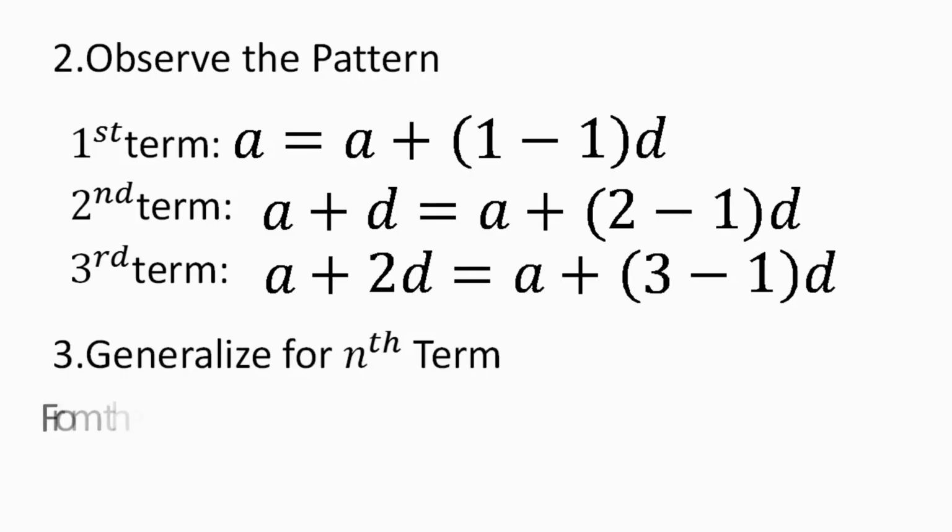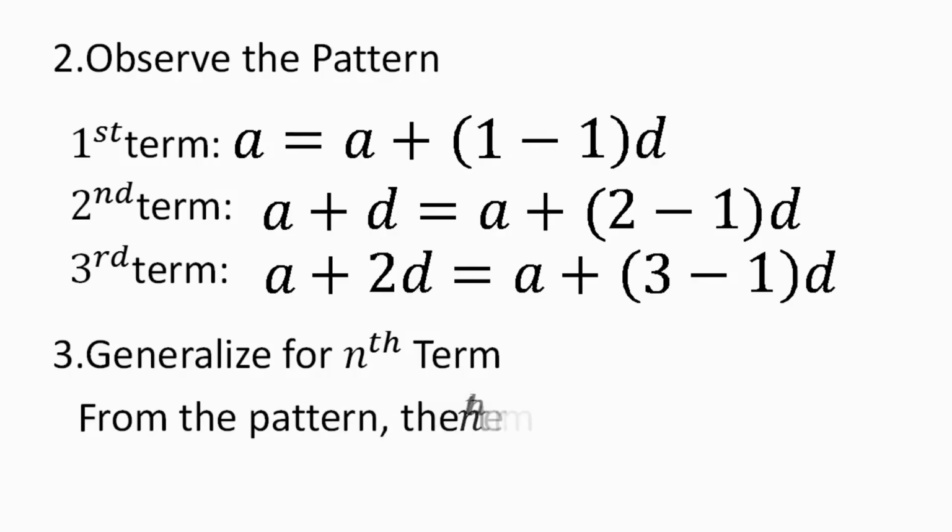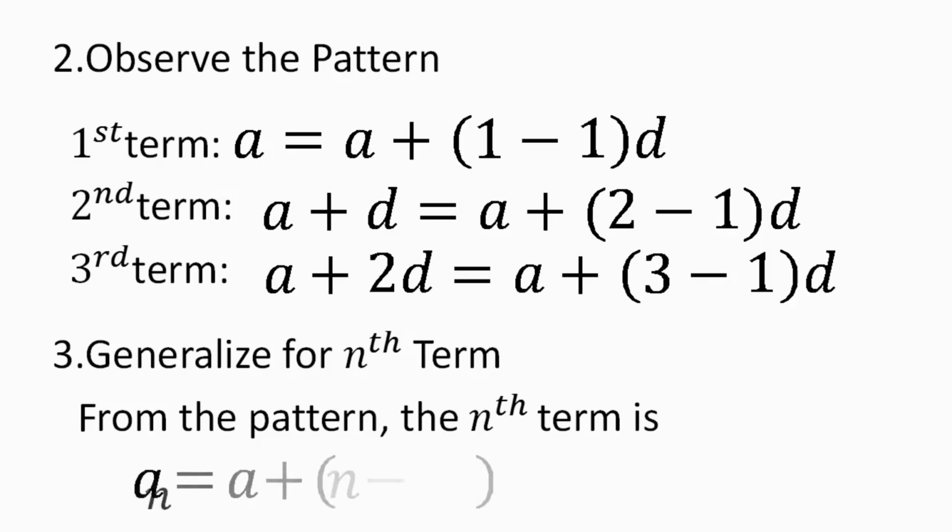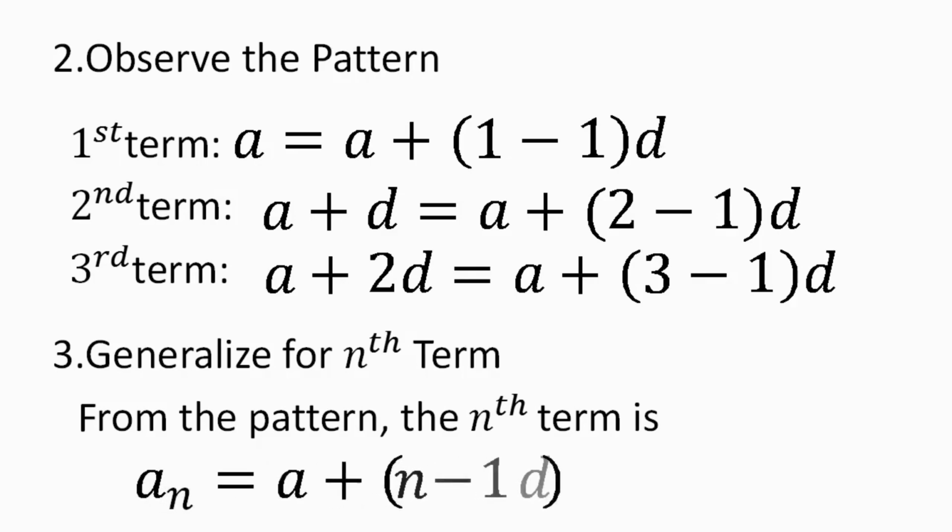From this pattern, we can generalize to the nth term. Hence the nth term is a_n = a + (n − 1)d. That completes the derivation of the nth term formula.